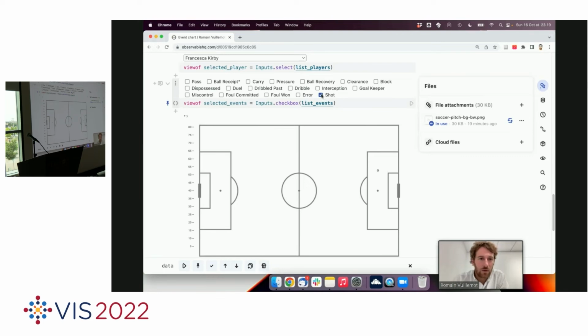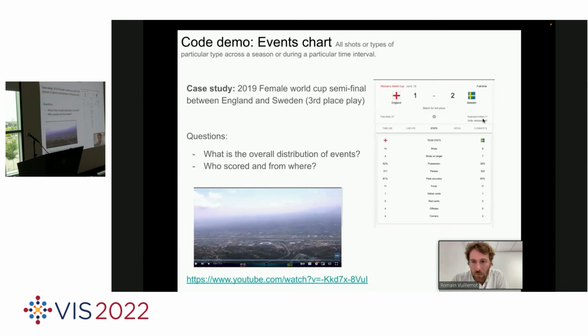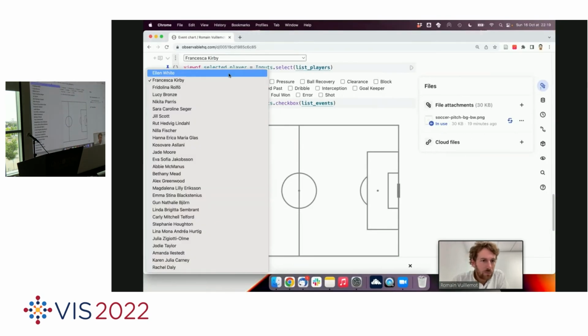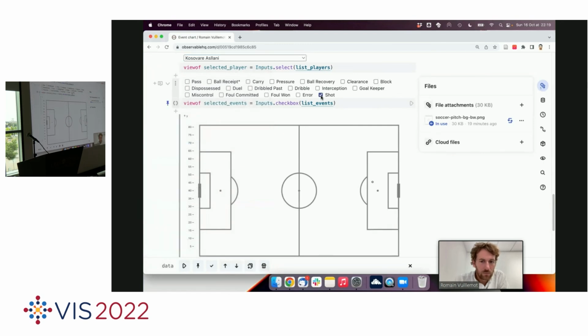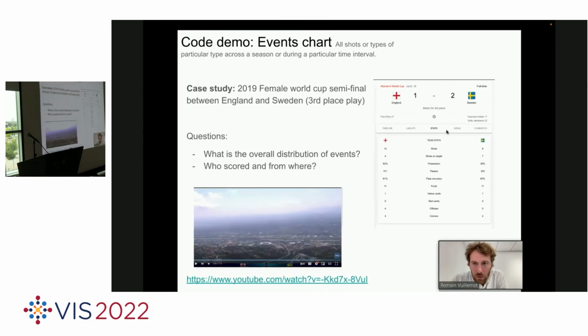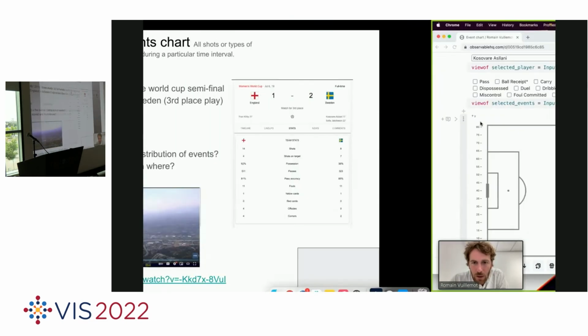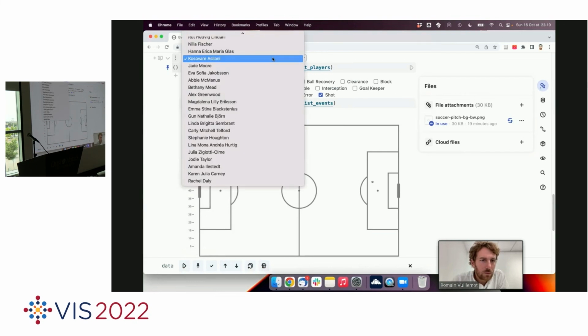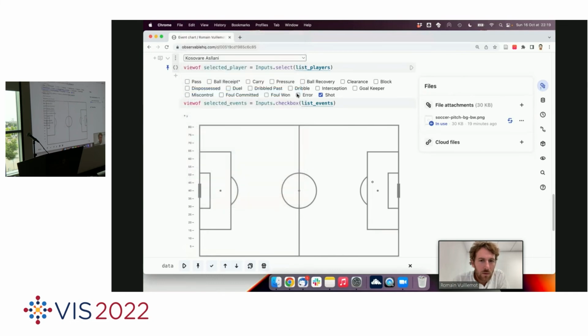That means it was a goal, and so I remove it. So now I looked at Asilani. And there is another shot that led to a goal. Jacobson. Okay, here are our shots.